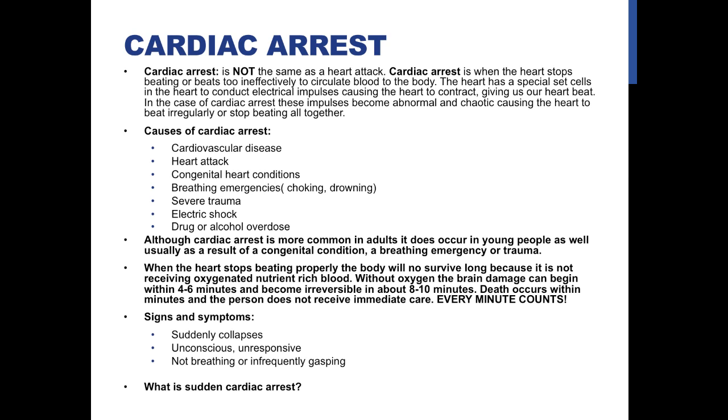We call these arrhythmias. So either the heart is stopped or it has an arrhythmia that is so irregular that the heart isn't circulating blood properly. The heart has special cells. Again, like I mentioned, this is not an anatomy class, but just to help you understand a little bit, your heart has cells in it that conduct electrical impulses, causing the heart to contract.